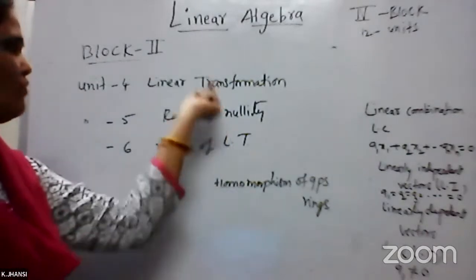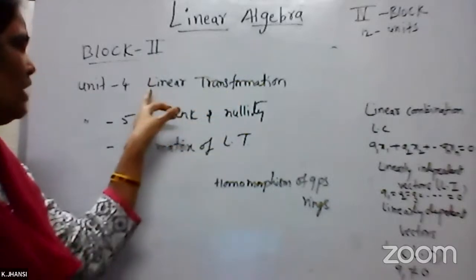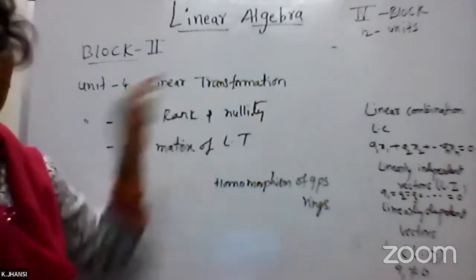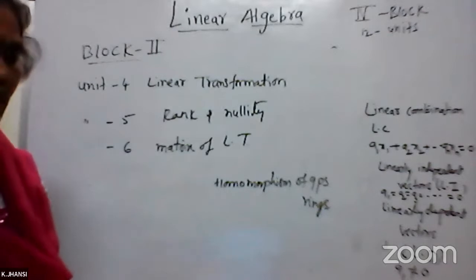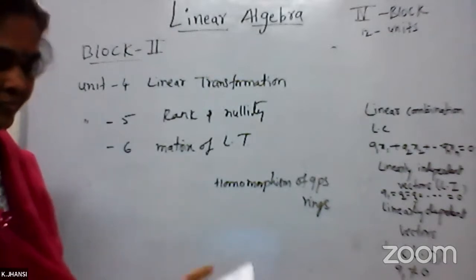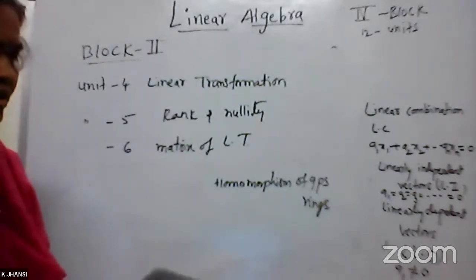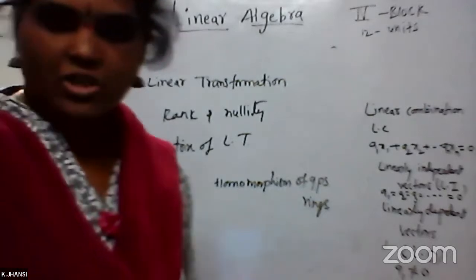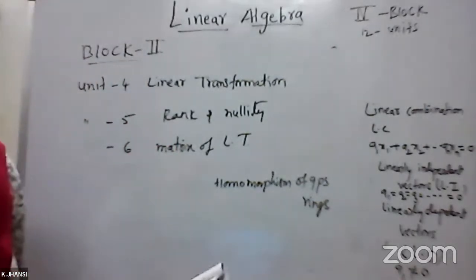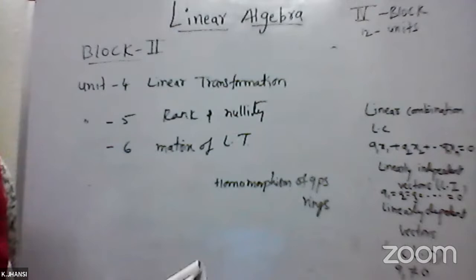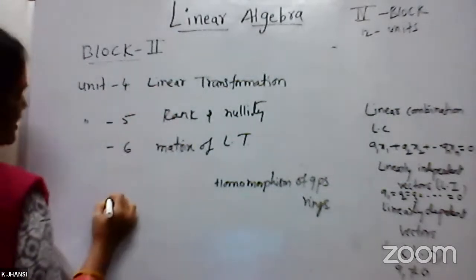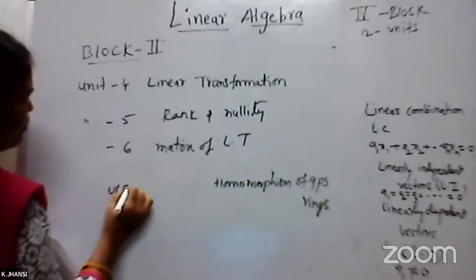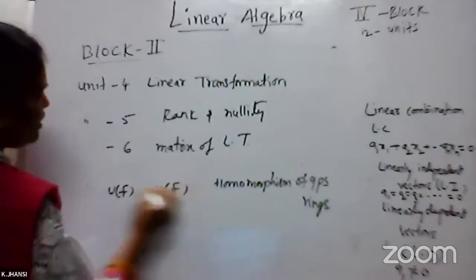So whatever homomorphism is there will deal with the linear transformation. So for linear transformation you have the definition. Linear transformation means a map between any two vector spaces, that is U over F and also V over F.